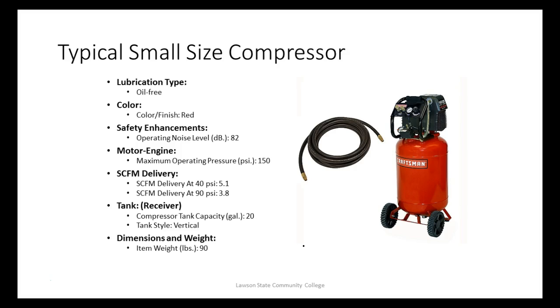This is actually the specs on mine, by the way. Color is red. Motor operating. So this can operate up to 150 psi. It can deliver 400 cubic feet per minute, standard cubic feet per minute.